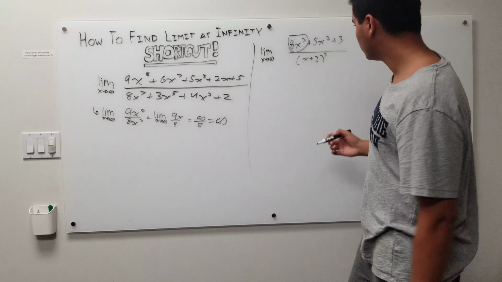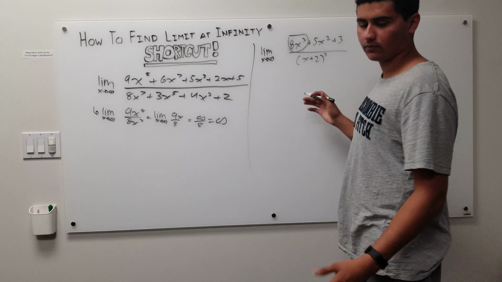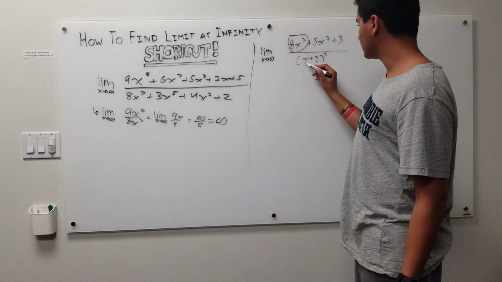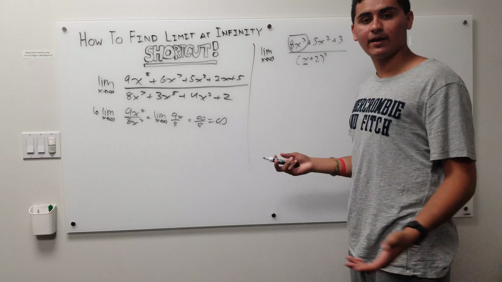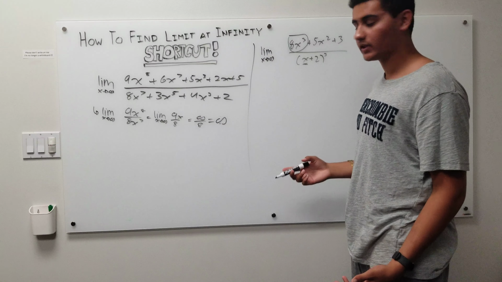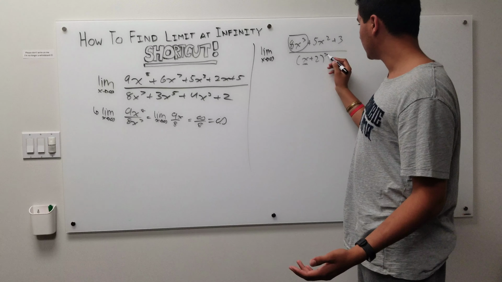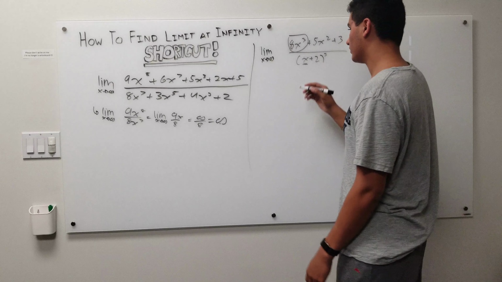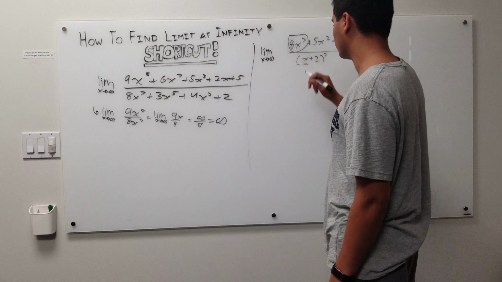Even if we were to multiply it out, we know that this initial value, when we cube it, will be the highest power that you're going to get out of the denominator. So instead of multiplying the whole thing out, we're just going to take this power and put it on there, and then we're going to get our final value. And let's say there's a coefficient, you're going to cube that coefficient too.